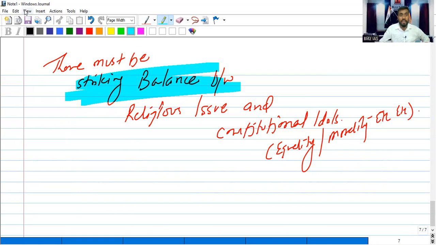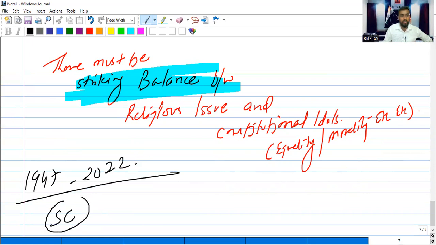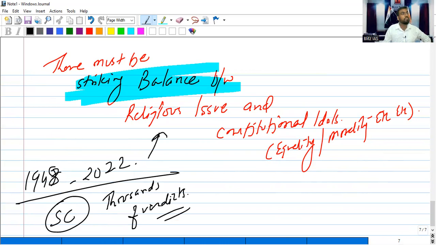Trust me, the Supreme Court in one of its official statements said that the constitutional bench of the Supreme Court, since the inception of the Constitution, has dealt with thousands of such issues. 1947 से 2022 तक सुप्रीम कोर्ट ने thousands of verdicts given on these issues. और सरकार को बोला है very judiciously and with very striking balance you should deal with these issues.